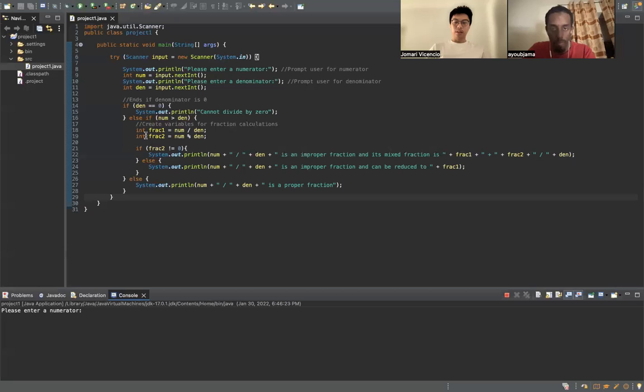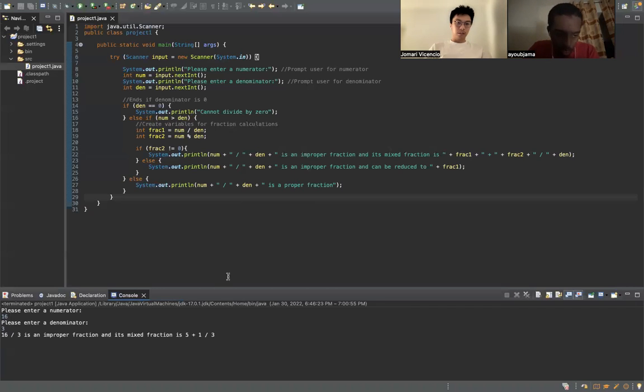And those if else statements are nested within this, and if neither of those are true, then the system will just output that it's a regular proper fraction.